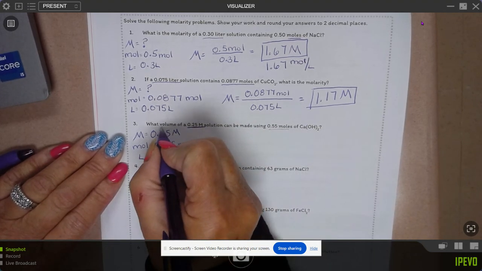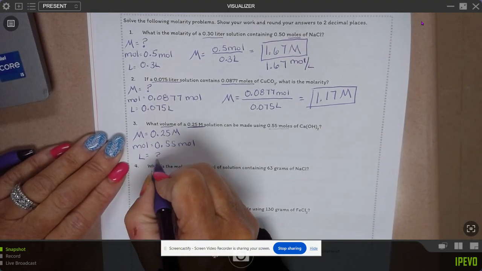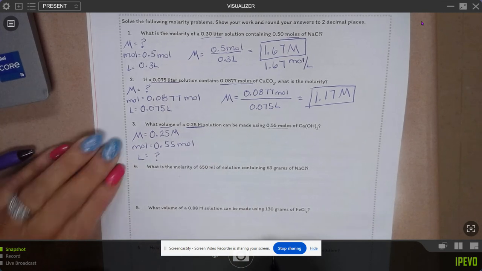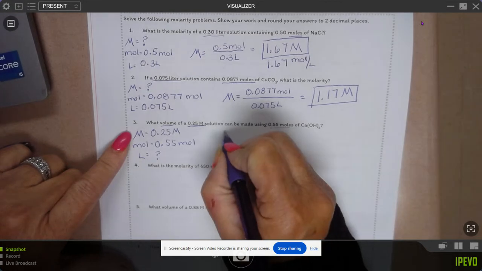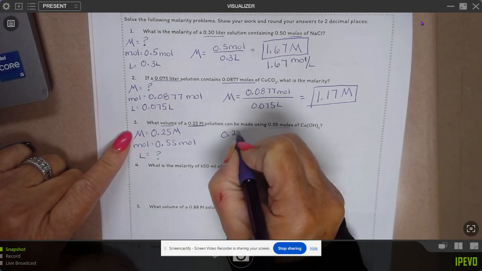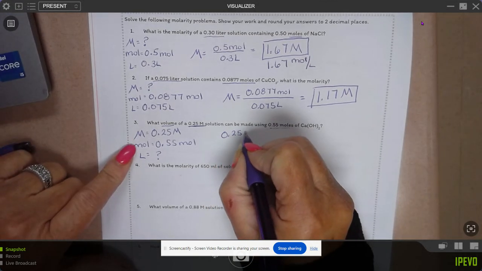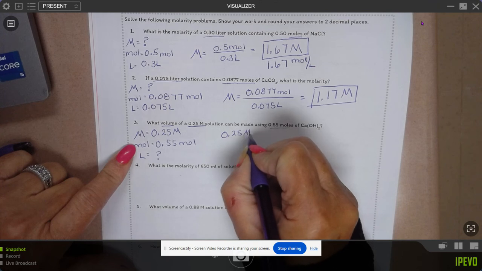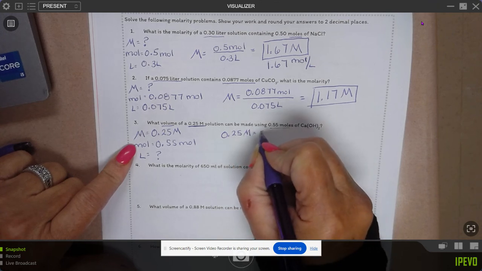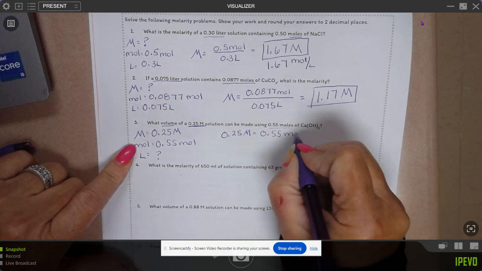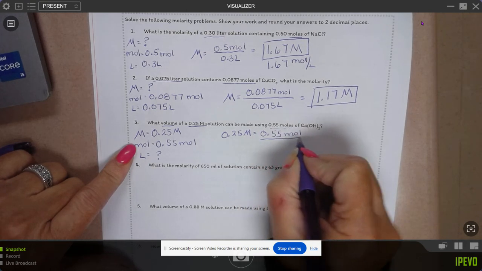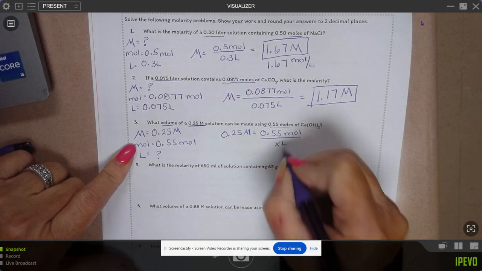So we're looking for the volume. Liters are our units for volume. Okay, so now if we plug this into our equation, what we get is 0.25 molar is equal to 0.55 moles over X liters.